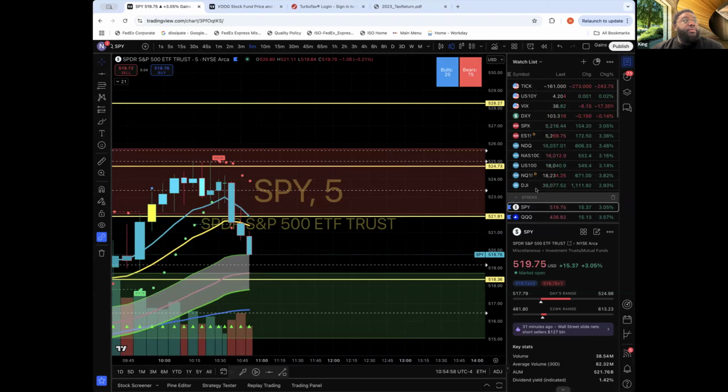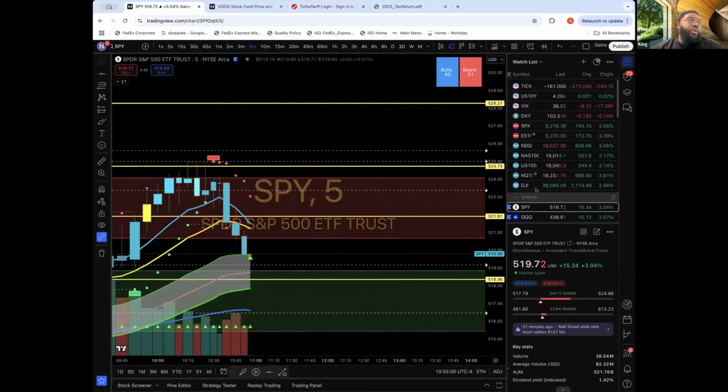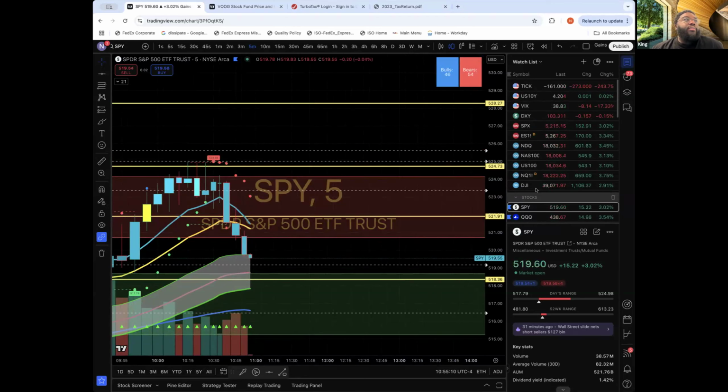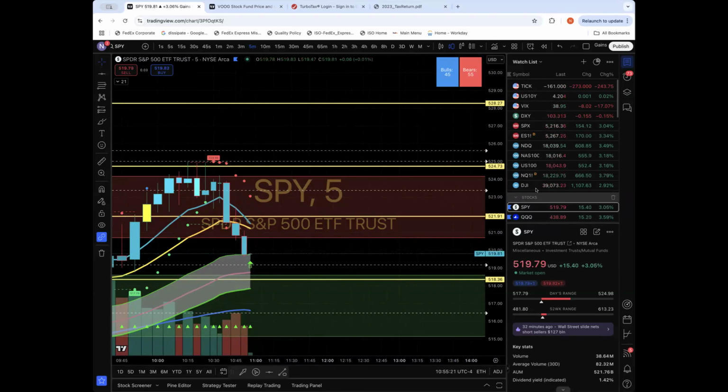I'm watching a bunch of stuff, but VIX is one of the main ones I'm watching. And it did give me an inkling that SPY was going to reject. I'm looking at the VIX catch support, and now the VIX is going bullish. But I'm going to talk about that tomorrow or next week. I'm pretty sure tomorrow we'll have a chance to cover it.